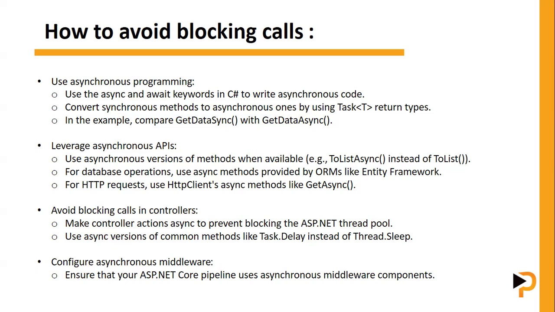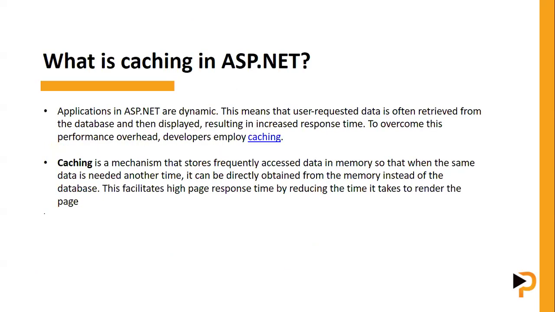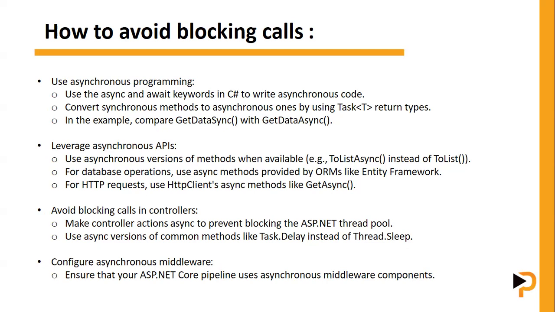Use async versions of common methods, like Task.Delay instead of Thread.Sleep. Next, configure asynchronous middleware. Consider that middleware is accessing some common features or common data, then at that time you can make it asynchronous middleware. Ensure that your ASP.NET Core pipeline uses asynchronous middleware components. So these are a few things.